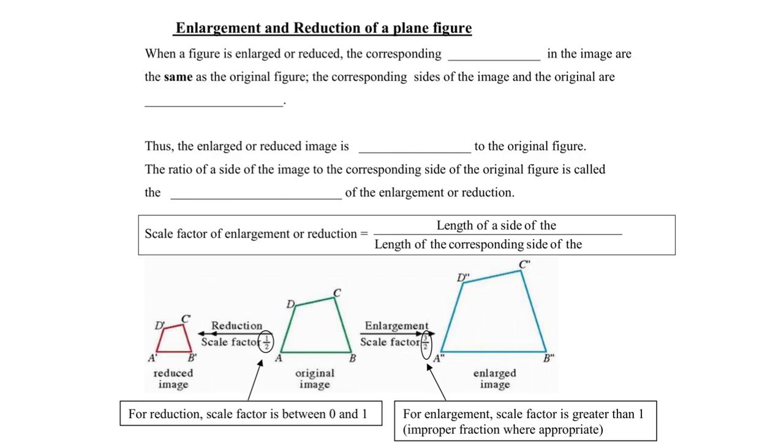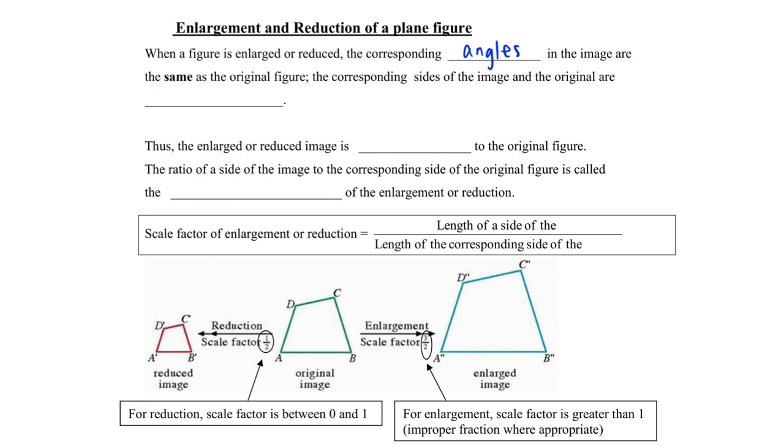Alright, let's explore what we call the enlargement and reduction of a plane figure. When a plane figure is either enlarged or reduced, the corresponding angles in the image are the same.